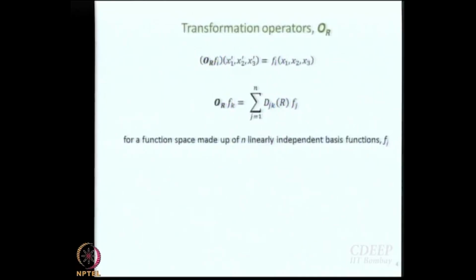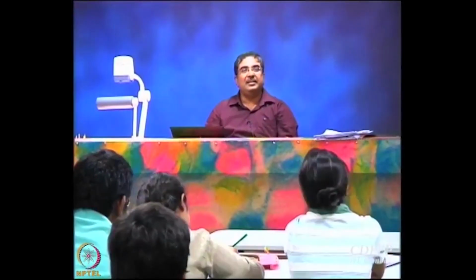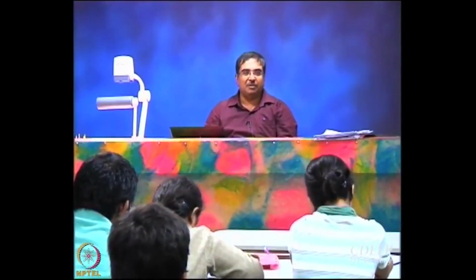What had we defined earlier? For every symmetry operation R, had we not worked out the transformation matrix, and had we not called it D(R), remember, capital D and capital R in bracket, right or wrong? Now, all we are saying is that we can write the same thing in an operator form. After all, what is an operator?